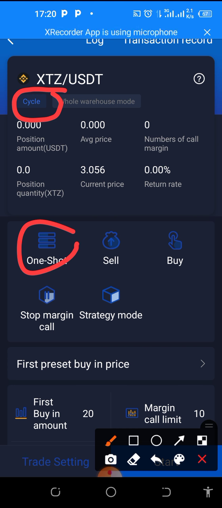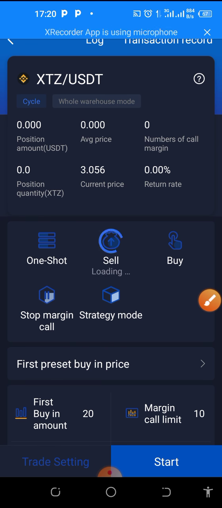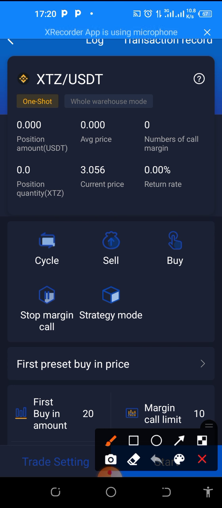You just want it to execute a particular buy and sell order, then exit the market. Then you use one shot. Meaning, if you click on one shot, my network. Yes, you can see here has changed to one shot. So that's the meaning of one shot.